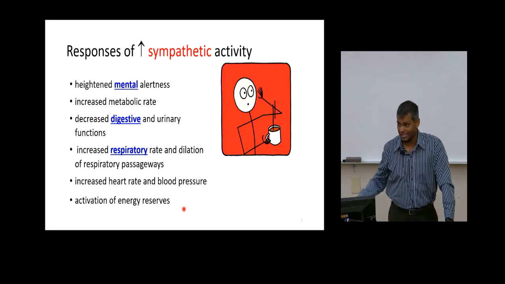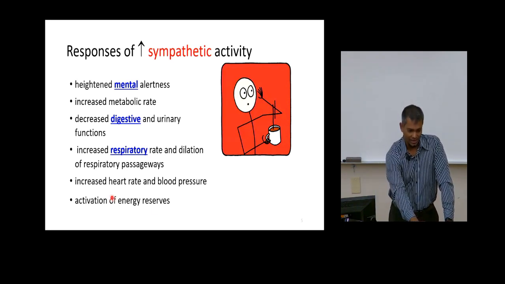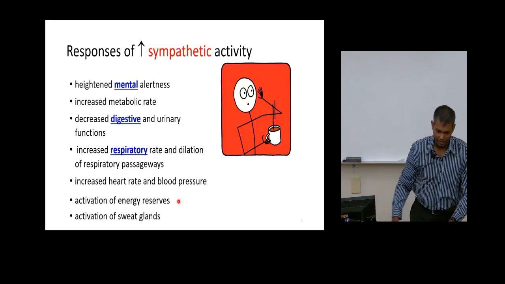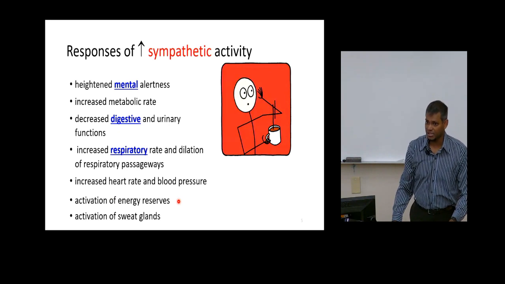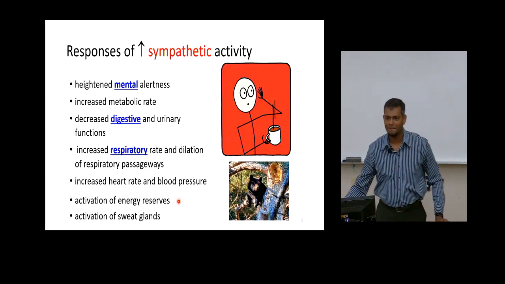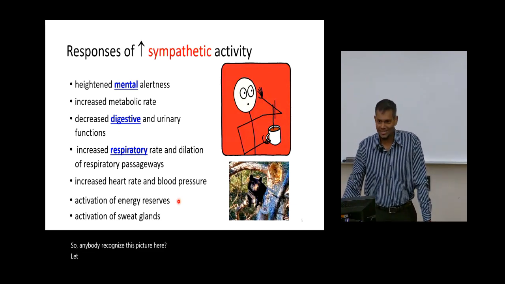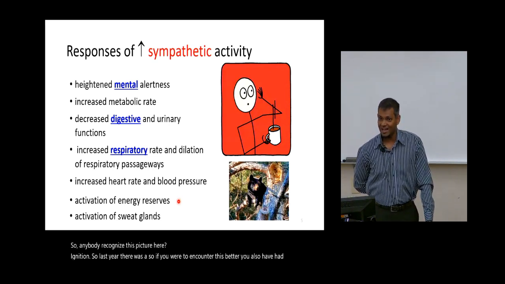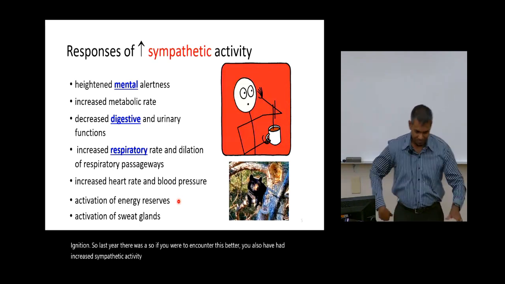So even when you're exercising, you're using these energy reserves and you're burning more calories. And finally, you will also have an activation of the sweat glands as well. So does anybody recognize this picture here? Recognize it? Last year there was a bear on the oval, right? So if you were to encounter this bear, you also may have had increased sympathetic activity, right?